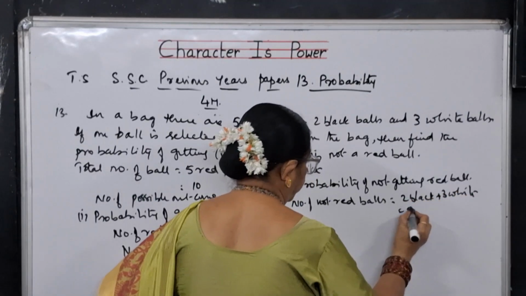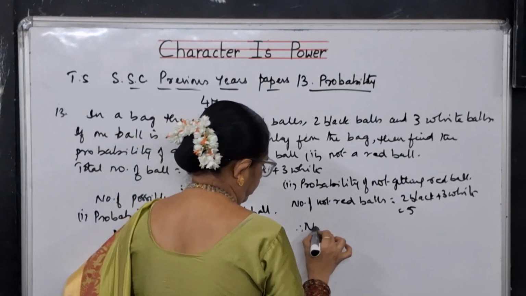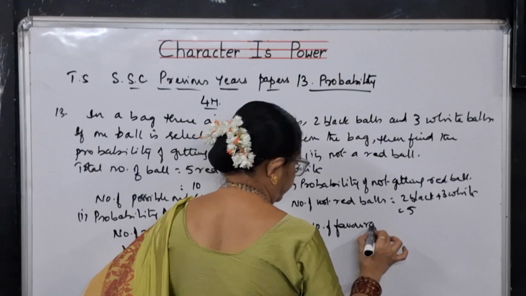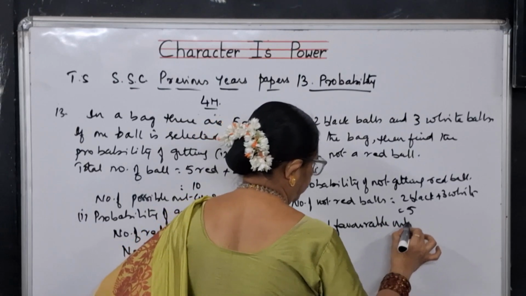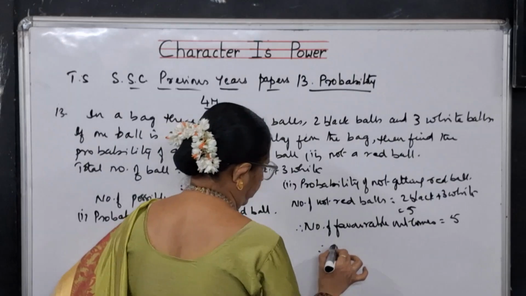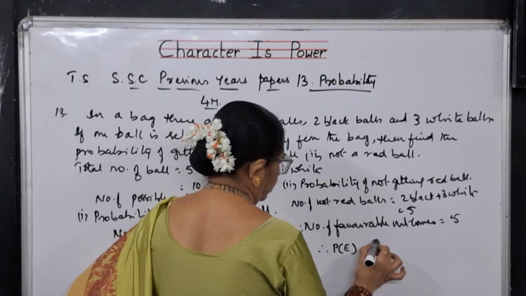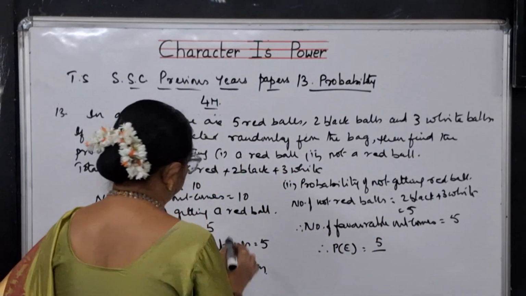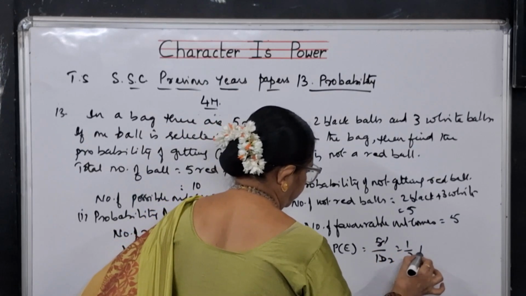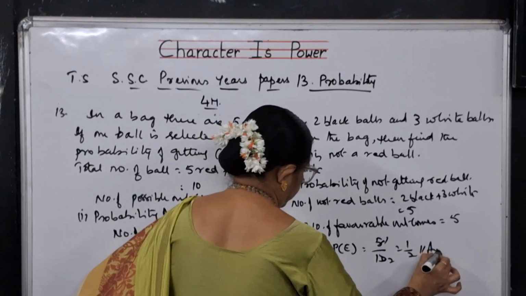That means total 5. Therefore, number of favorable outcomes are 5. So, what is P of E? 5 favorable outcomes by 10, 1 by 2. This is the answer.